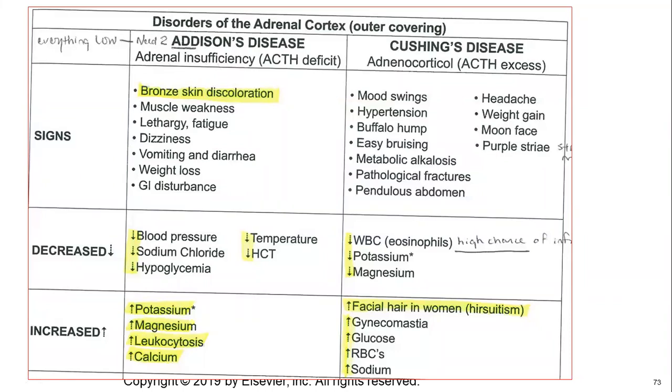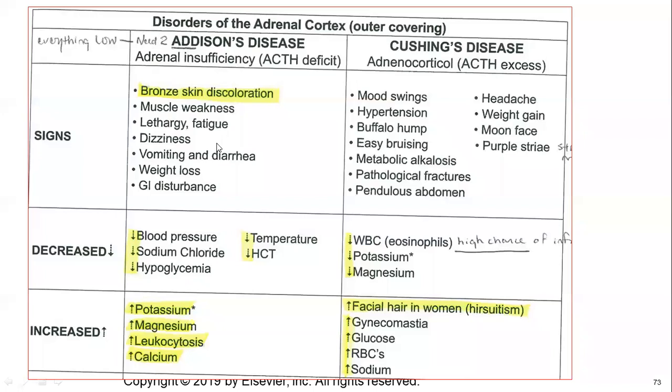The secretion of the adrenal cortex goes down. Also, ACTH deficit, whereas in Cushing the adrenal cortex secretion goes up, cortisol goes up, or ACTH excess.